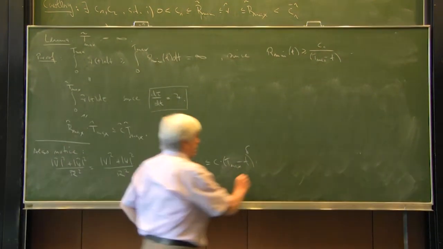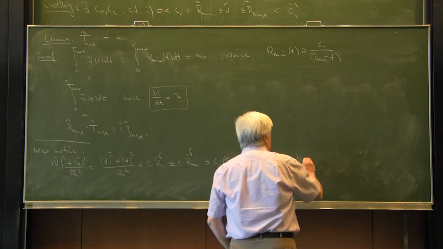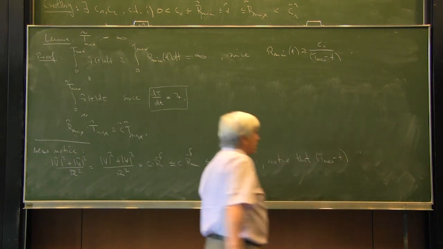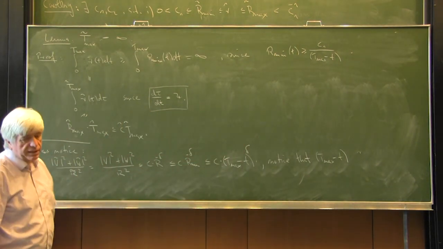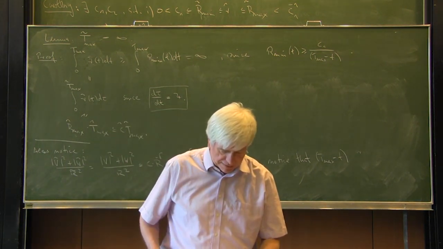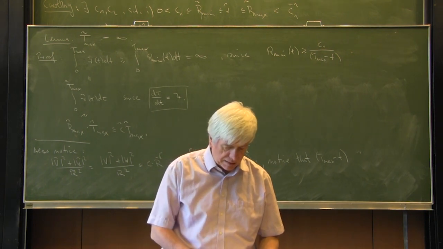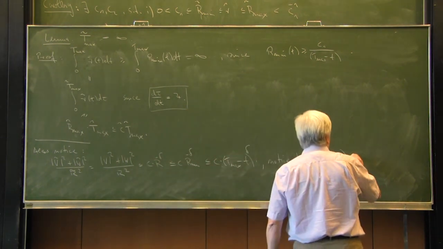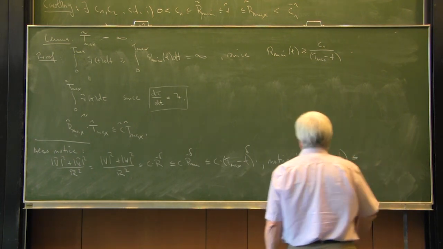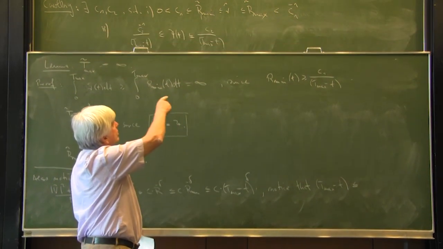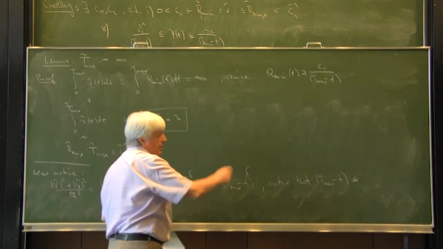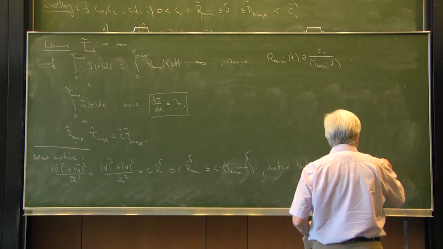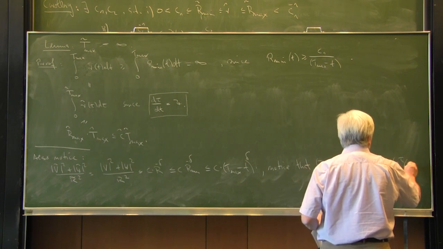So if we integrate this, just by integrating this 1 over T thing, you get the logarithm, and then inverting that, since psi is order 1 over T max minus T, you get that T max minus T is less than T max times e to the minus tau over some constant.